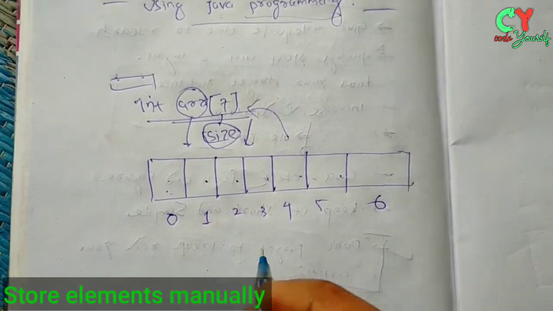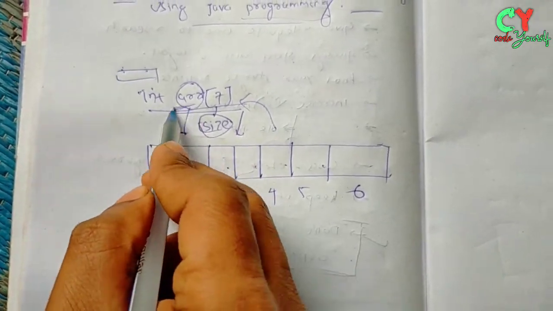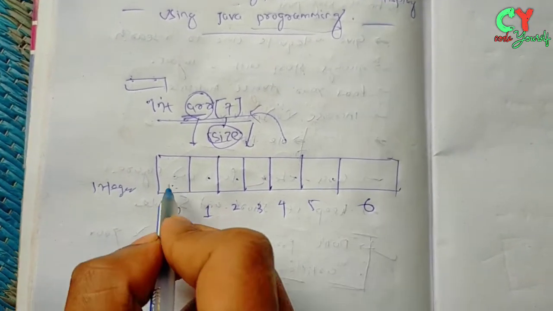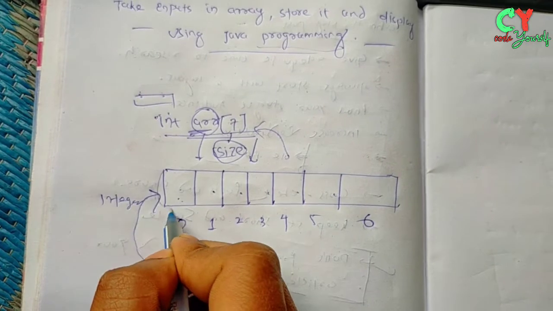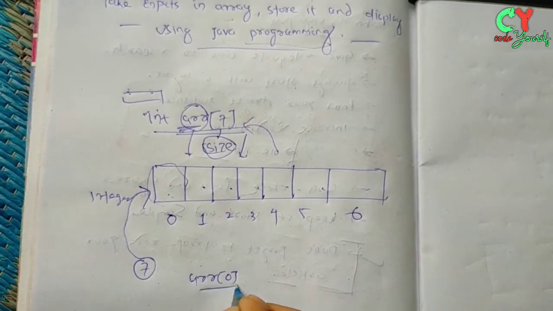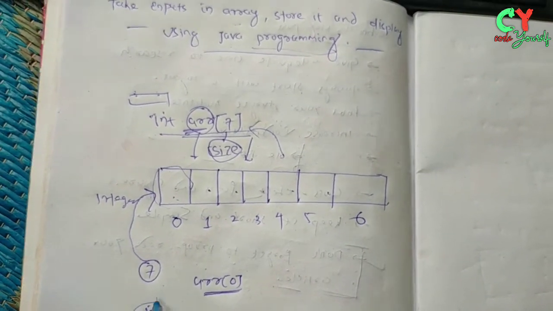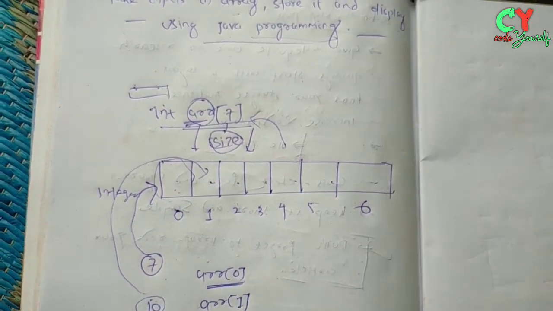Now if you want to store an element in arr, it will be of integer type. If you want to store 7, first it will be stored in this block, I mean arr of 0. Then the second element will be 10, it will be stored in this block, I mean arr of 1.